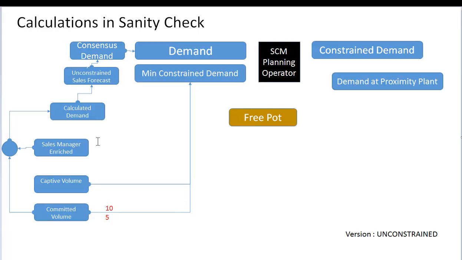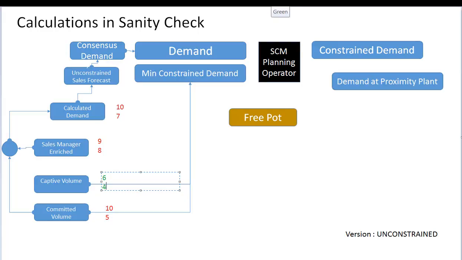The enrichment was 9 and 8. Calculated demand stayed at 10 and 7. And captive volume remained at 6 and 4.